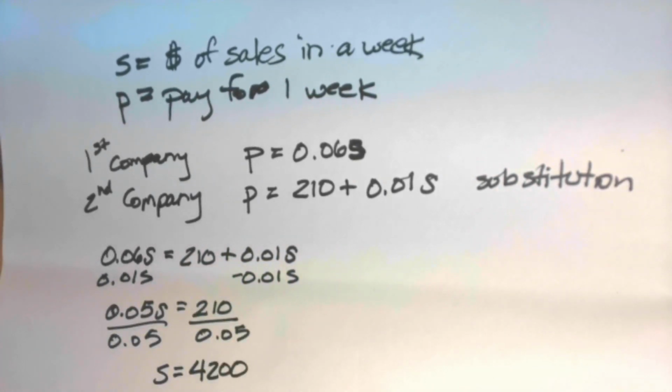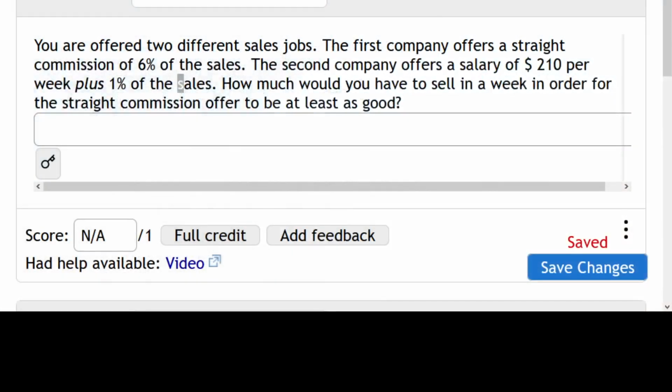Okay, so if we go back to the question here, let's see if we've answered the question yet. It says, how much would you have to sell in a week in order for the straight commission job to be at least as good as the second job? And so we answered that question already.